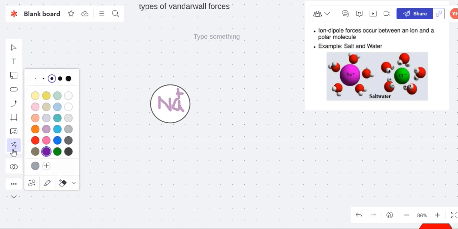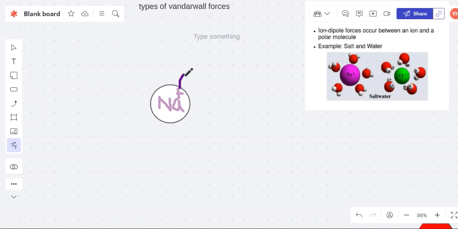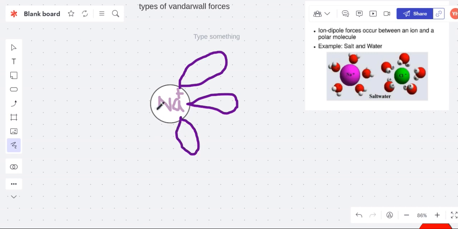I want a dark color for it. For example, this is one water molecule, which has a tetrahedral electron geometry, and bent is the shape of water. That I have discussed in the previous videos. So this is a water molecule.